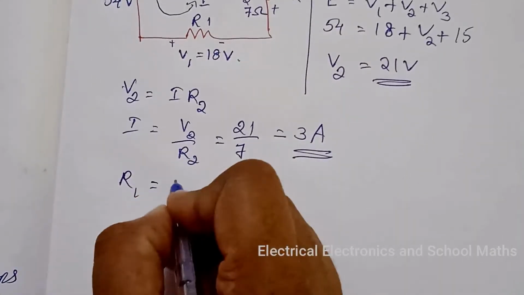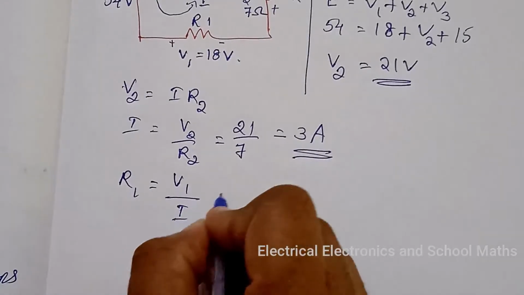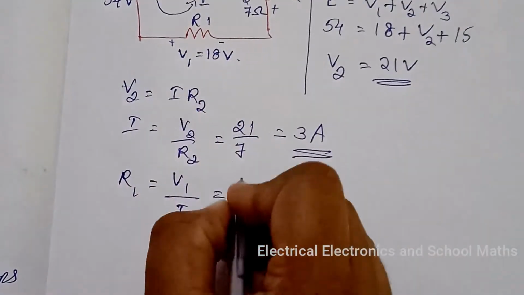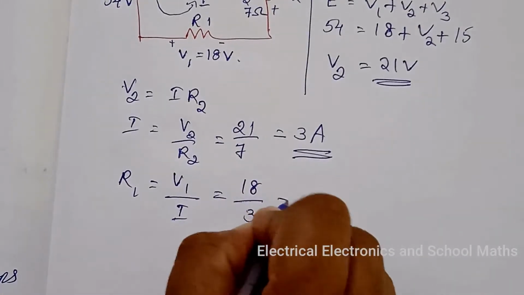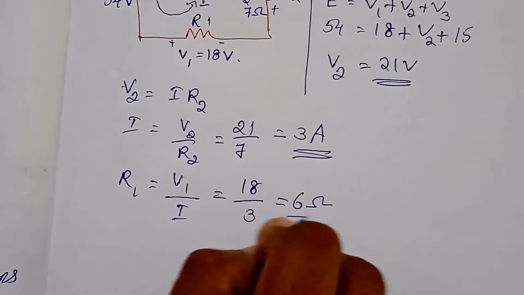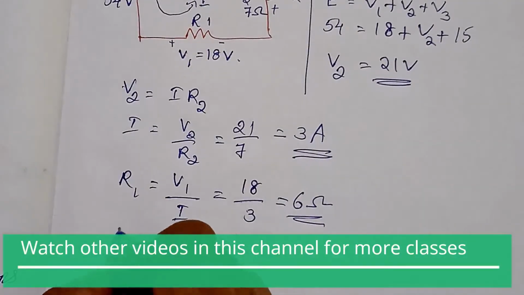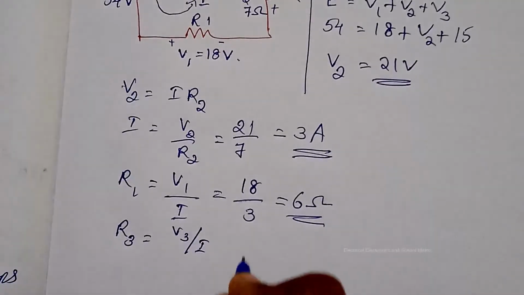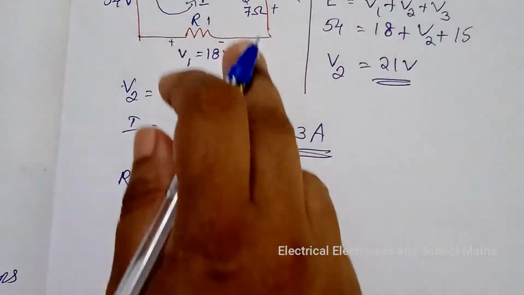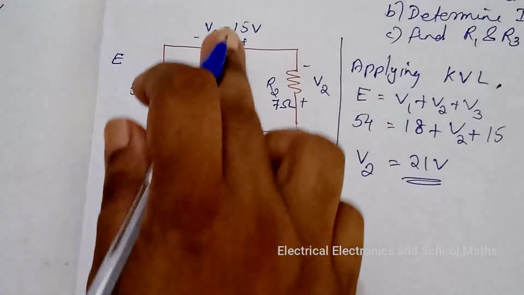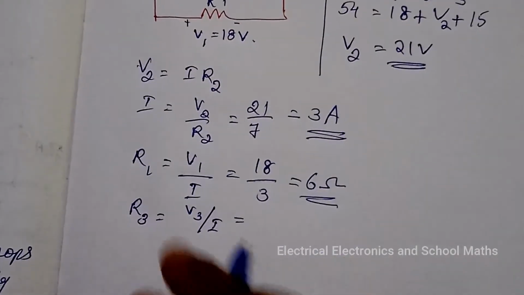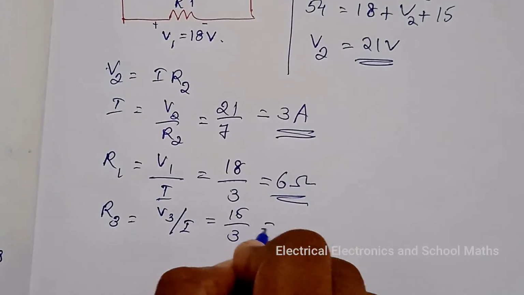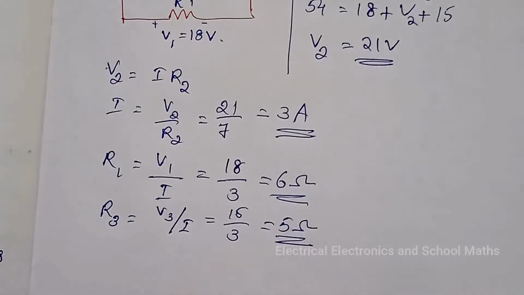R1 is V1 divided by I, where V1 is 18 volt. 18 divided by 3 equal to 6 ohm. And R3 equal to V3 divided by I, where V3 is 15 volt, it is given. 15 divided by 3 equal to 5 ohm.